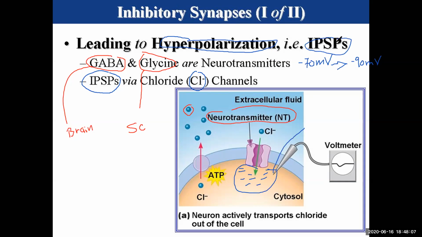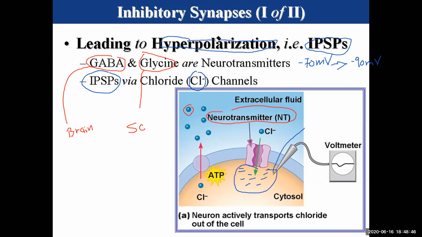Meaning that signal, if it gets to the axon hillock, will prevent the axon hillock from firing an action potential. Okay, let me repeat. If that IPSP gets to the axon hillock, most likely the axon hillock will not fire any action potential, because that IPSP will bring the resting membrane potential farther away from the threshold potential. So the axon hillock will not be able to get to the threshold potential so it can fire an action potential.